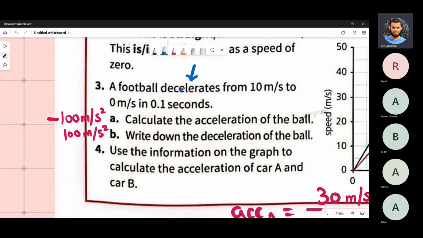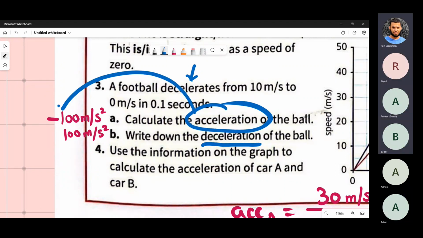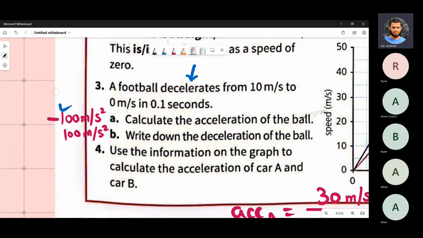Since this question is dealing with deceleration, when they ask you deceleration, your answer will be positive. But when they ask you acceleration, you have to represent it in negative, because acceleration is the opposite of deceleration.